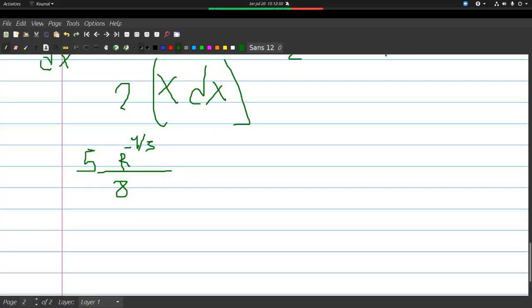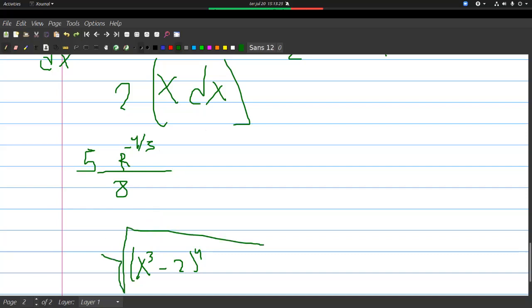So that is going to be the same thing as saying 5 over 8 times x squared minus 1, all of these to the 4th power, taking the 5th root.